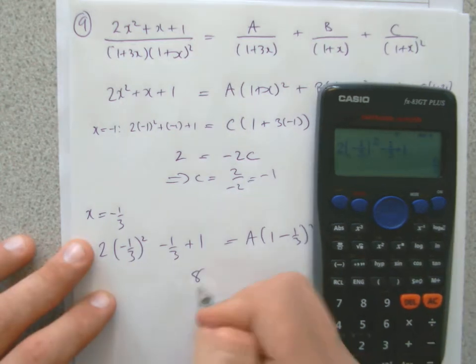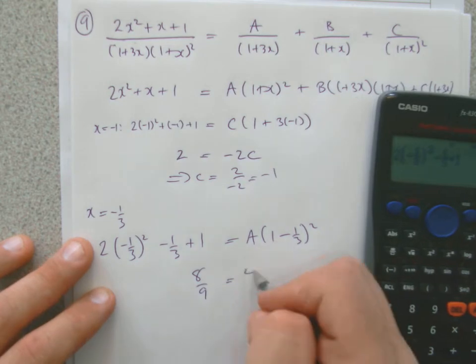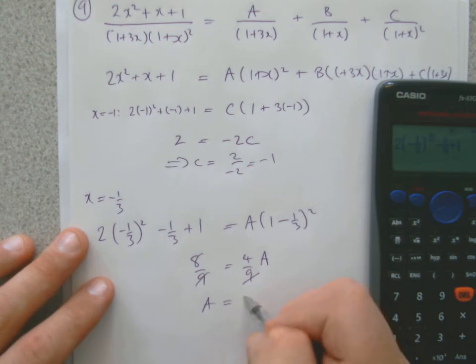This becomes 8/9, that becomes 2/3 all squared, so that'll be 4/9. Then you can get your A, A will equal 2.